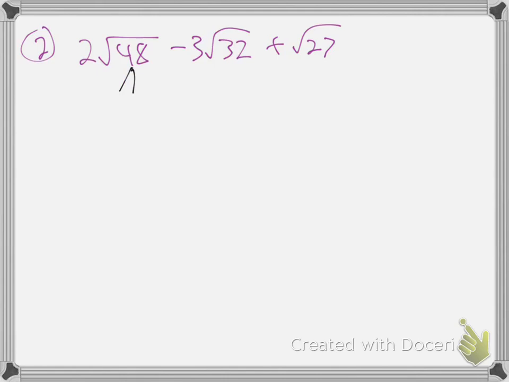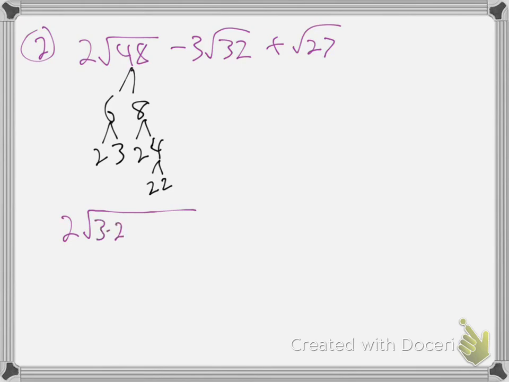6 times 8, or however you want to do it. 2 times 3, 2 times 4, 2 times 2. Okay, so that's 2. Square root of, it's going to be 3 with 4 2's. You get the 48 okay? 48 breaks down to be 1 3 and 4 2's.